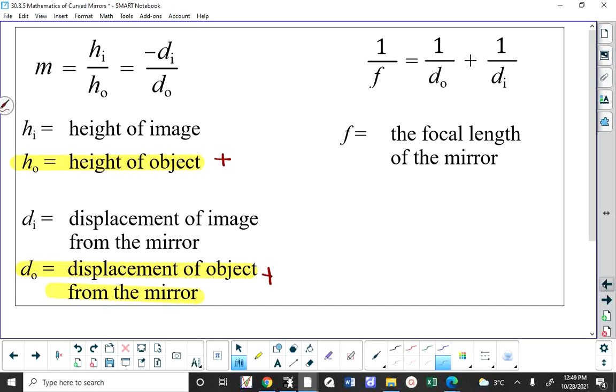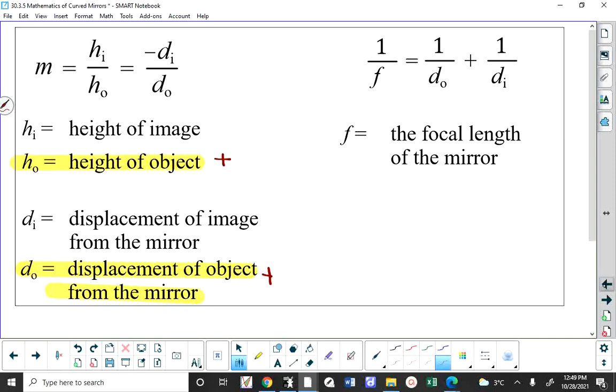You never ever use a negative number for a characteristic of the object, like the candle flame. I don't care if we take the candle and turn the candle upside down. We're going to use a height of the object as being a positive number. Always. Everything else, the height of the image, the displacement of the image, and the focal length of the mirror can be either positive numbers or negative numbers.